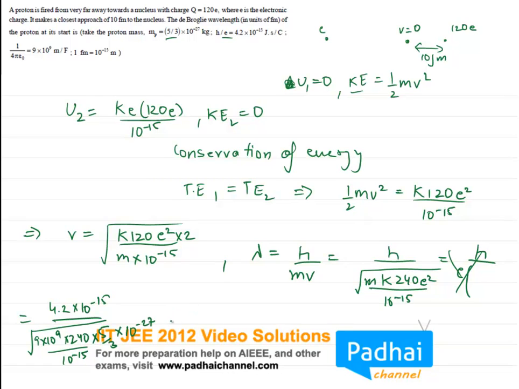So now if we solve this, this 3 can cancel out, this will be 3, and 240 into 5 is 1200, 1200 into 3 will be 3600.